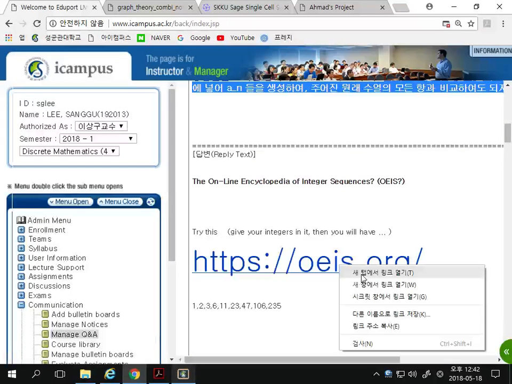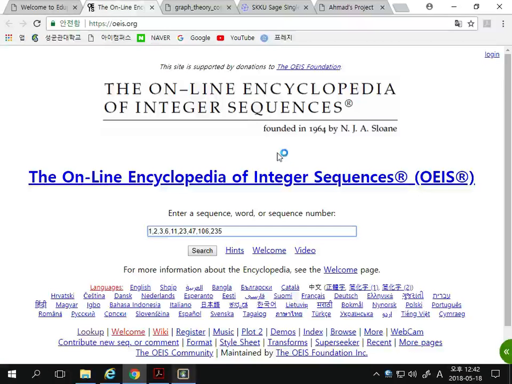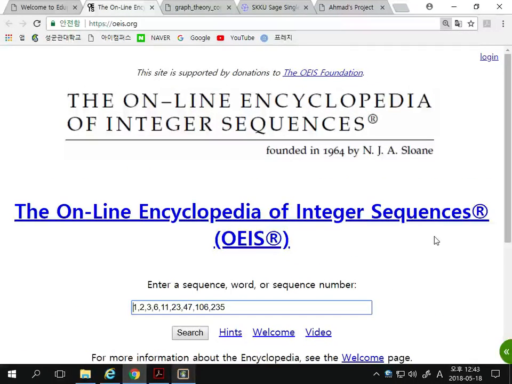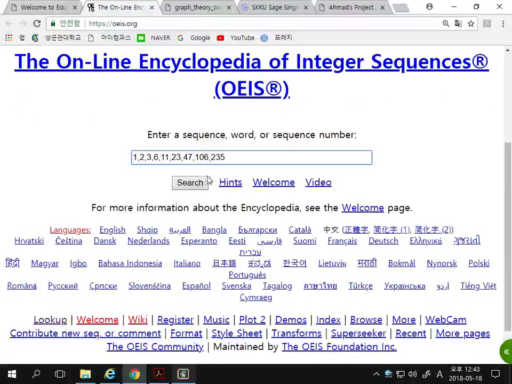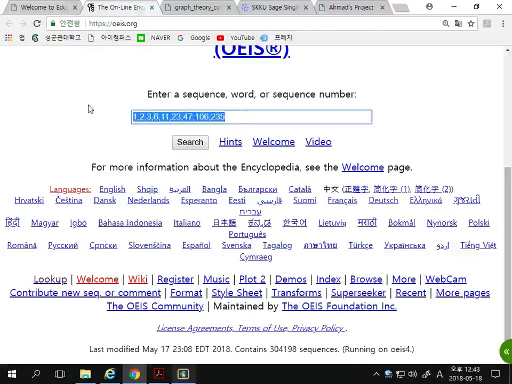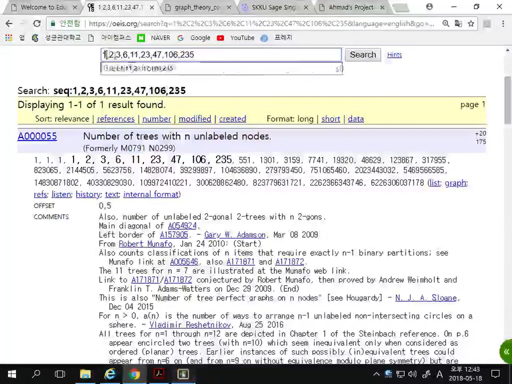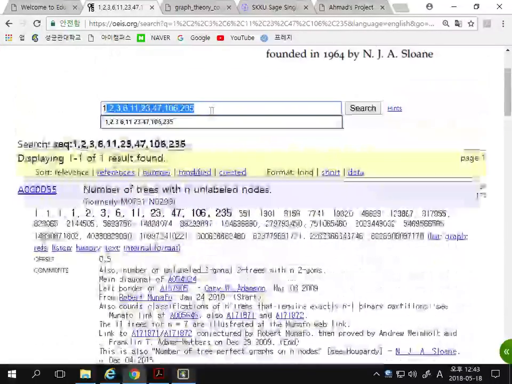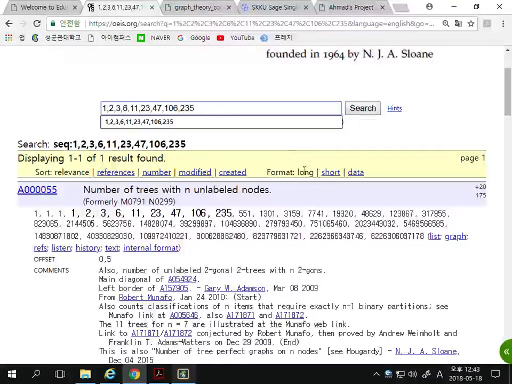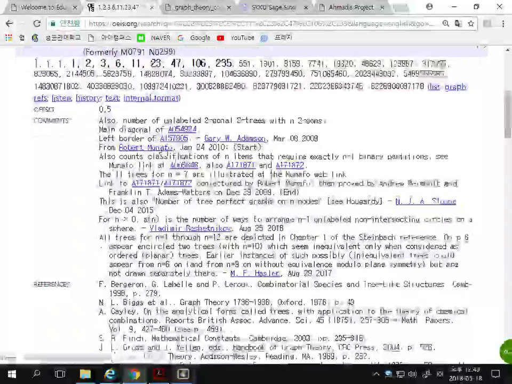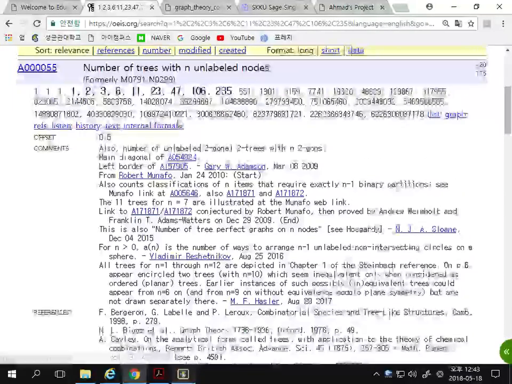This is an interesting site called the Online Encyclopedia of Integer Sequences. The same question was asked by other mathematicians, so whenever you have a series of sequences, they made this encyclopedia. If you have a sequence of integers, you can enter those numbers here and search, and it gives you all the results related to it.